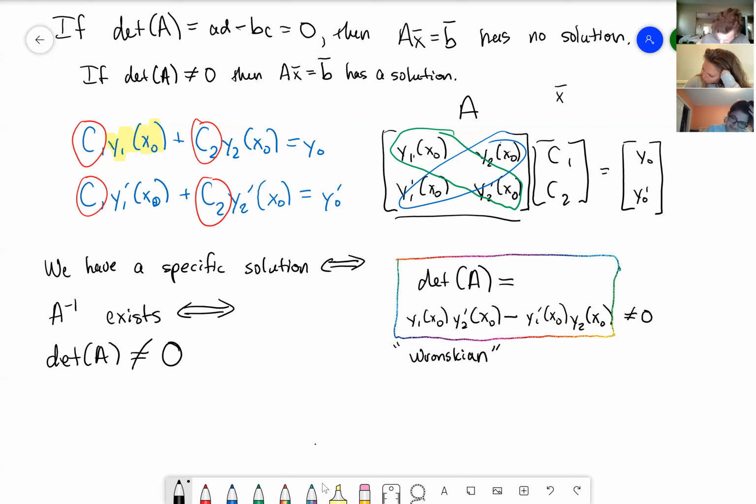And he had some interesting beliefs. Anyway, he came up with this idea of the Wronskian, and first referred to this thing in 1812. Okay, so the Wronskian is going to tell us whether or not our initial value problem has a solution.